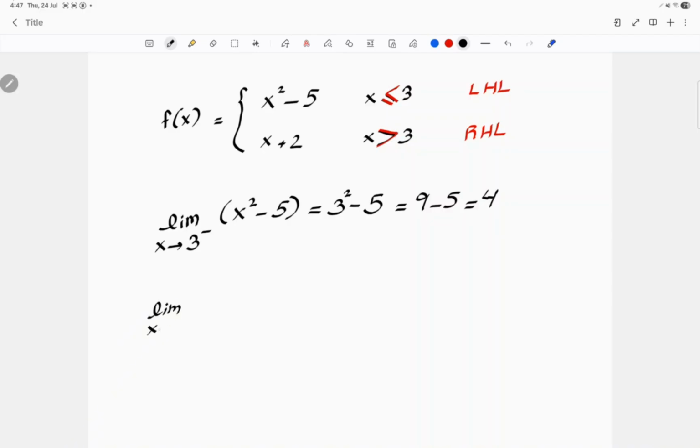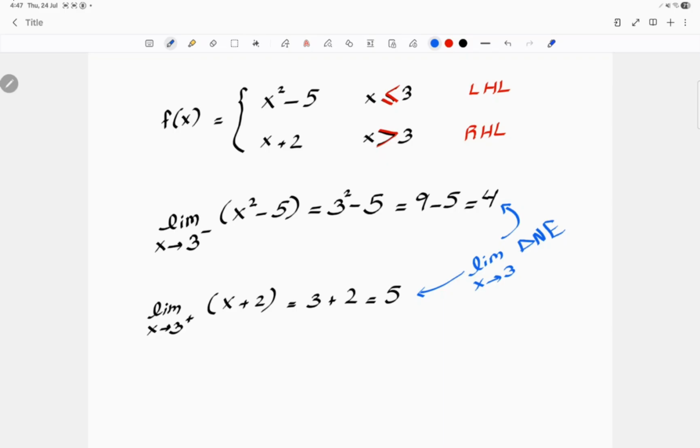Limit of x approaching 3 from the right, for now it should be x plus 2. Replace the x with a 3. So 3 plus 2 is equal to 5. Are they equal to each other? No. So the limit of x approaching 3 does not exist because the left hand limit and right hand limit don't equal each other.